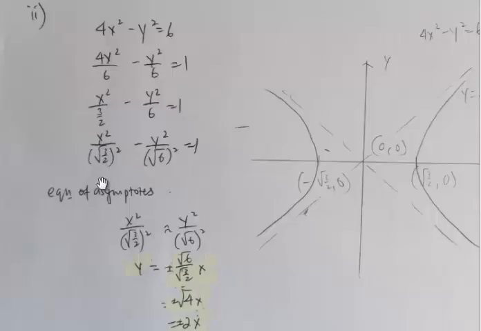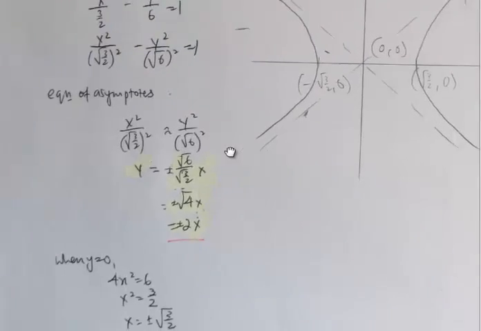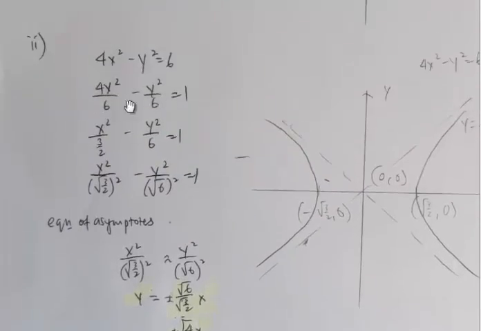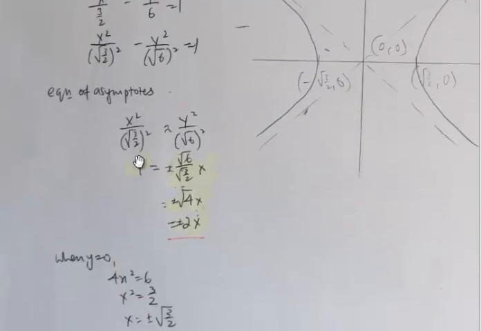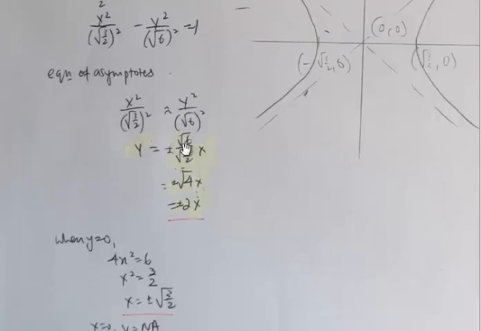So x squared over square root of 3 over 2, squared, minus y squared over square root of 6, squared, equals 1. To find the asymptotes, we equate x squared over square root of 3 over 2 squared to y squared over square root of 6 squared. So we find the equations of the asymptotes by making y the subject: y equals square root of 6 over square root of 3 over 2, x, equals square root of 4 x, equals plus minus 2x.